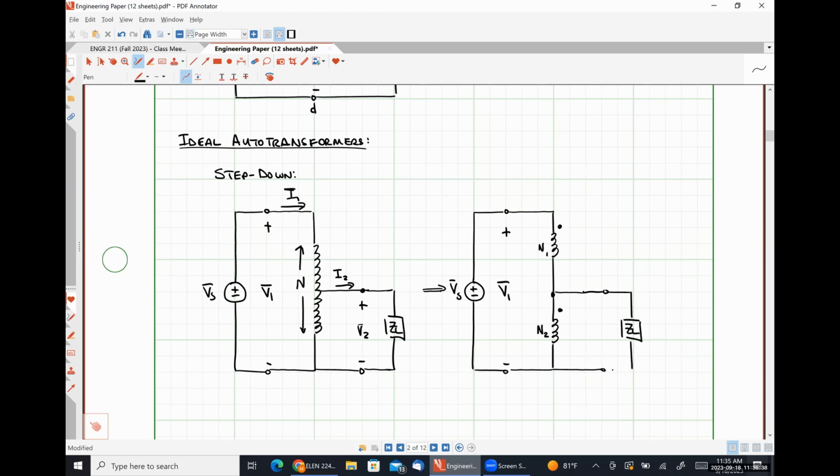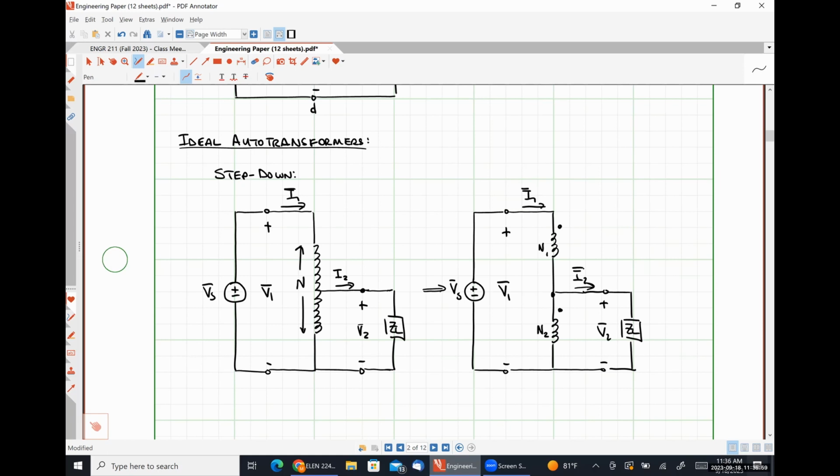And then here's our load impedance ZL. This is our secondary voltage V2. Our primary current is still in the exact same place, and our secondary current is still in the exact same place.